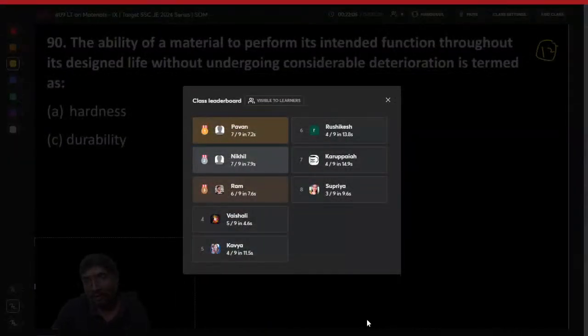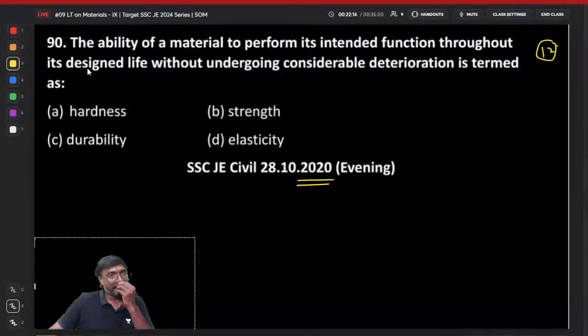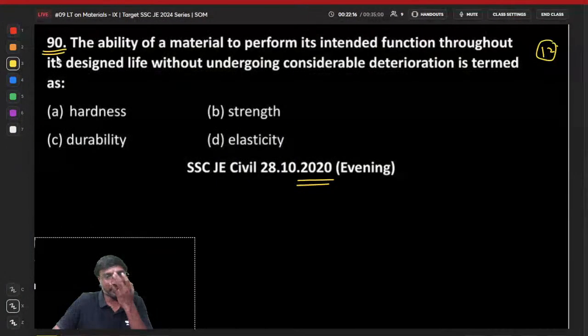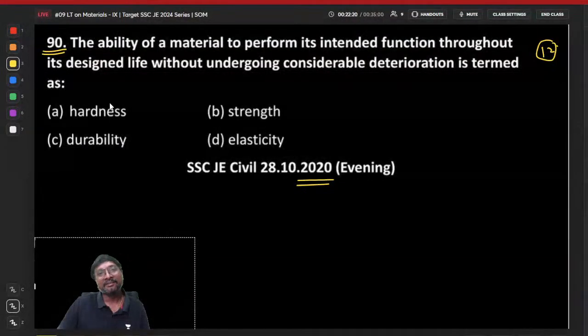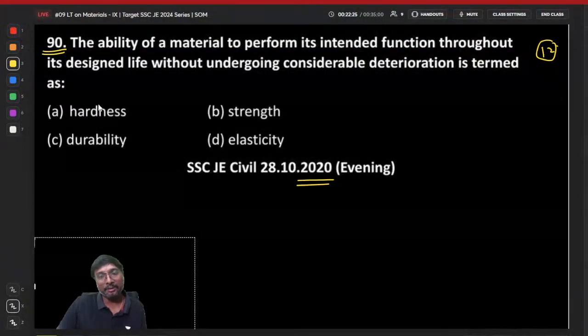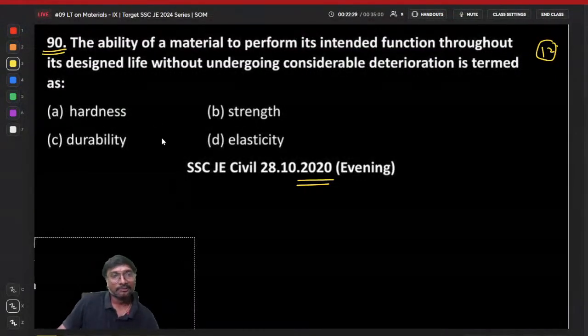Right, this is the leaderboard. Yeah, these are all SSC JE PYQs only. In the first chapter, this is 90th question, na? I told you now, out of this 300 questions, first chapter itself is having 90 questions. You imagine, first 4 chapters or 5 chapters, then majority questions will be covered. Remaining all chapters, just 30-40 questions only covered, you can say.